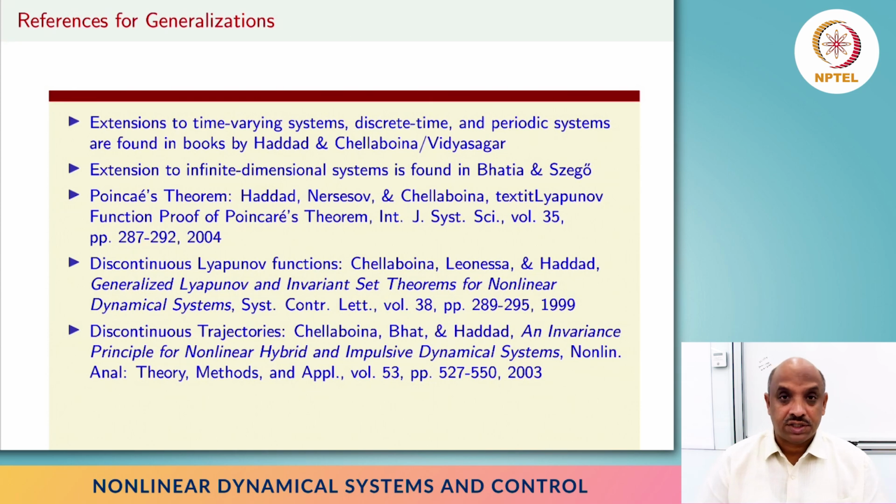I'm not just talking about discrete time versions, but actually continuous trajectories with discontinuities in the trajectory. And such things come from hybrid systems or impulsive systems. There is a very general invariance principle that we showed a while ago for such systems which have these discontinuous trajectories. So we have to assume certain features of discontinuity. It's not arbitrarily discontinuous, but nevertheless we can show something quite interesting for such discontinuous trajectories.